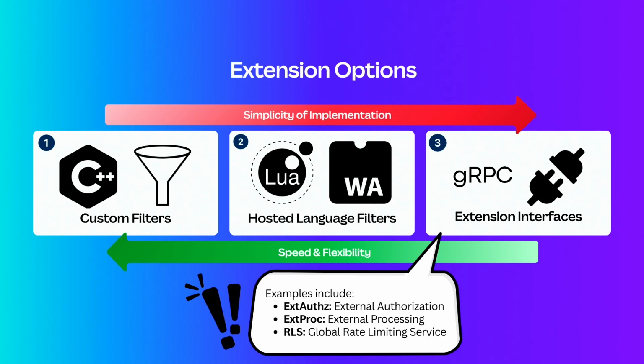Very common problems, like everyone wants to authorize a lot of requests when they're coming from the internet, funnily enough. And very often, when you configure these in your Envoy configuration, you can choose how much information you want to pass to these extension interfaces.